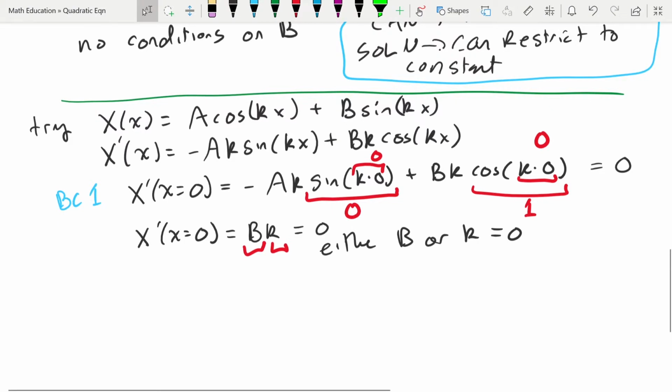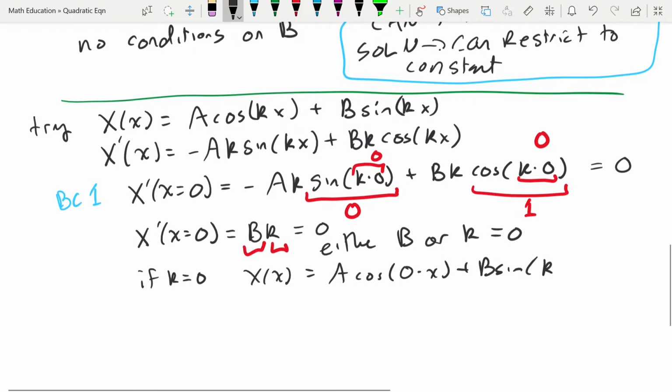Now, if k is equal to 0, x of x just becomes a cosine k, but k is equal to 0, 0 times x plus b sine k, 0 times x. Well, this is just 0, so we don't care about b.